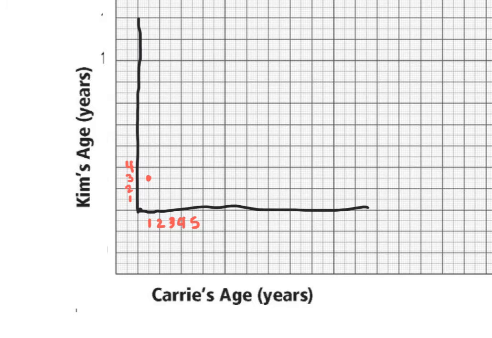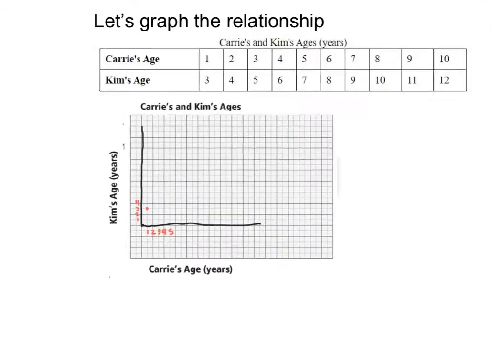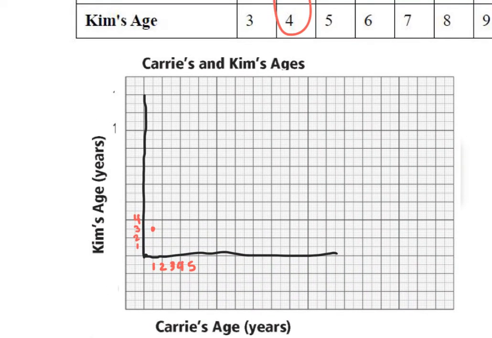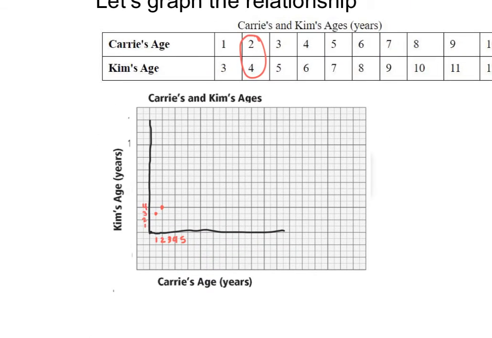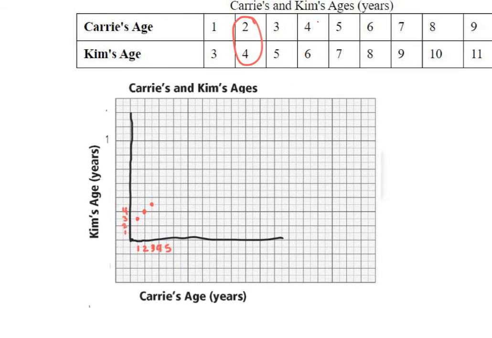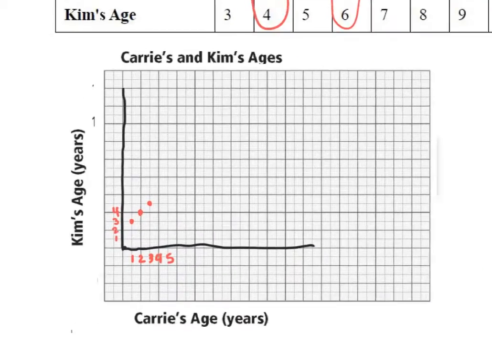Okay? When Carrie is 2, Kim is 4. Right here. When Carrie is 3, Kim is 5. When Carrie is 4, Kim is 6.